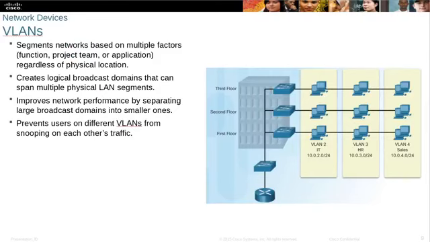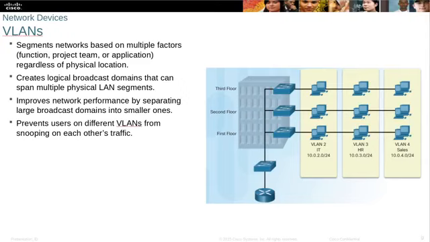VLANs, Virtual Local Area Networks. What a VLAN does is it segments a network based upon multiple factors. These could be function, project team, application, the floor in the building, all kinds of things. It creates separate logical broadcast domains, and these broadcast domains can span multiple physical LAN segments.